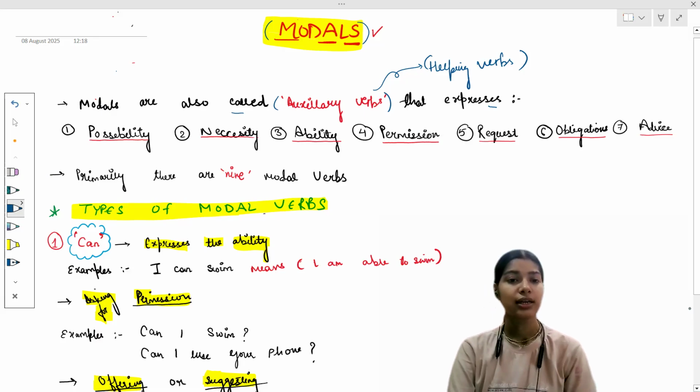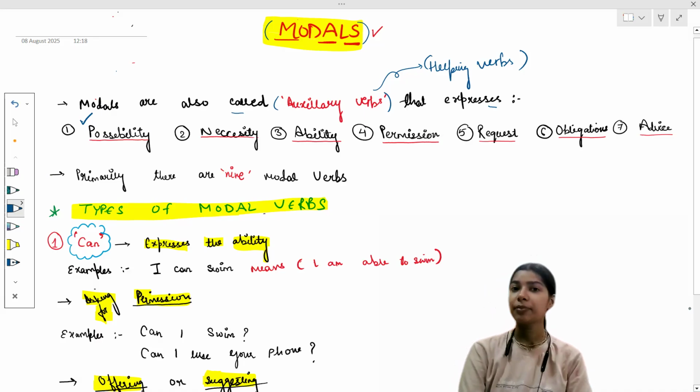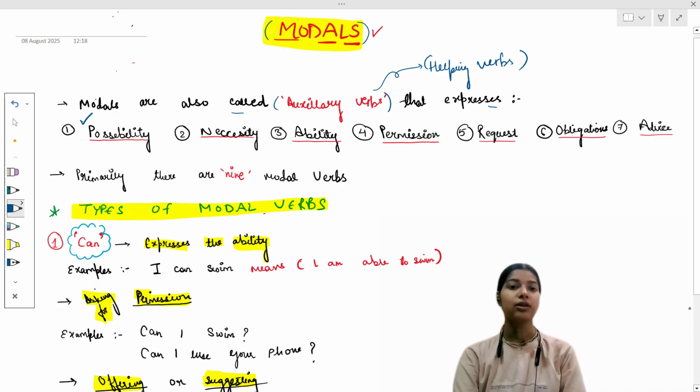Now let's see what modals can really express. First, they can express possibility, meaning something can happen or something cannot happen. Next is necessity: something is necessary or it is not necessary. Ability: we are able to do that thing or we are not able to do it.